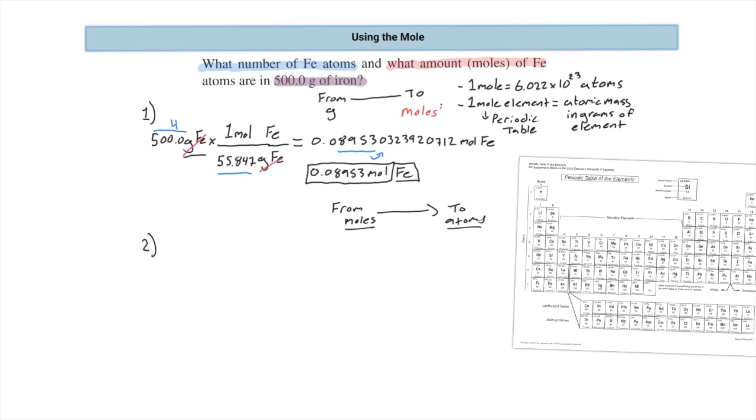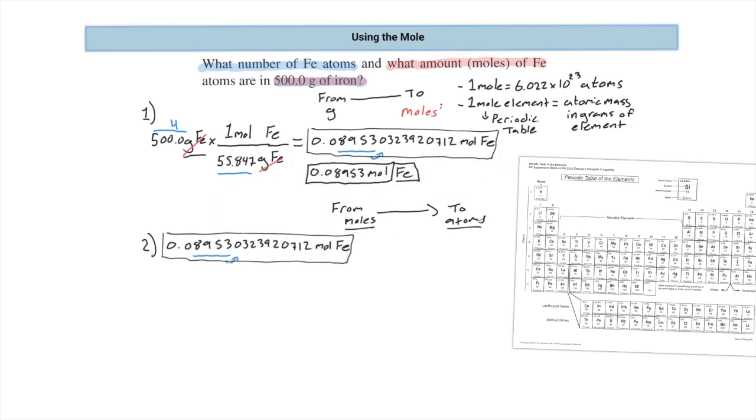So what we can use is this number here. I'm going to do this. This is the nice thing about technology. Multiply it by our conversion factor.